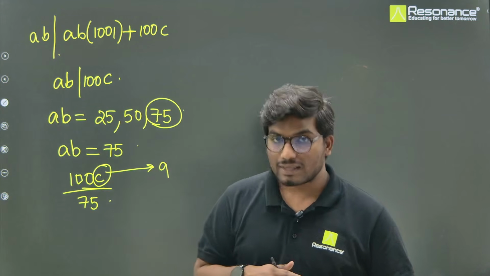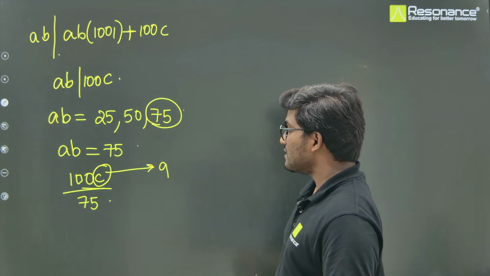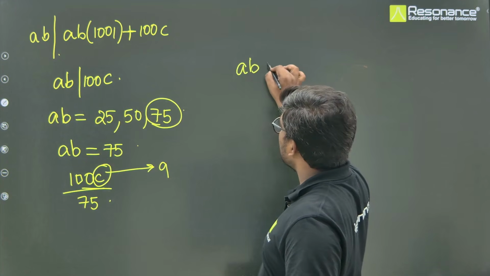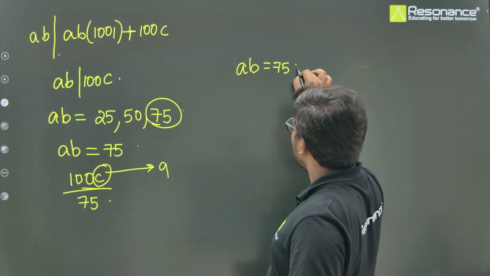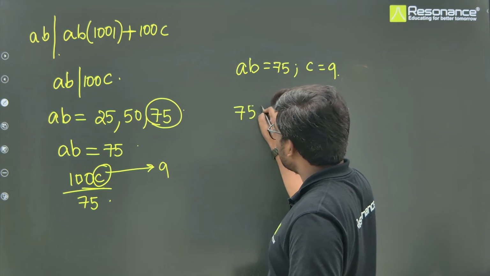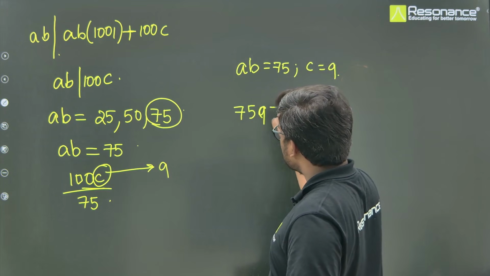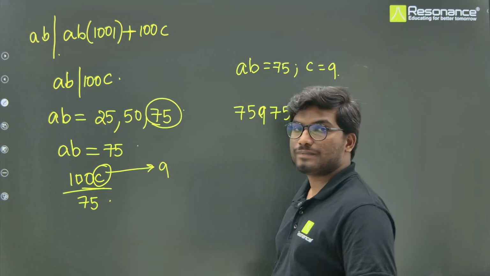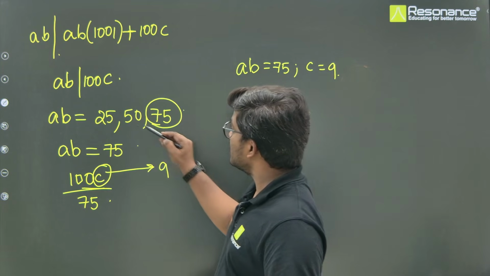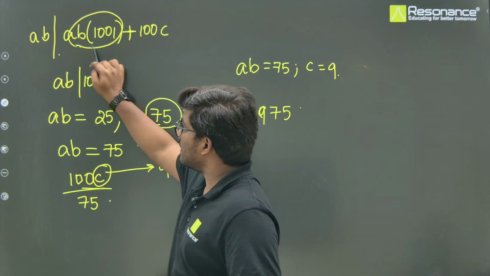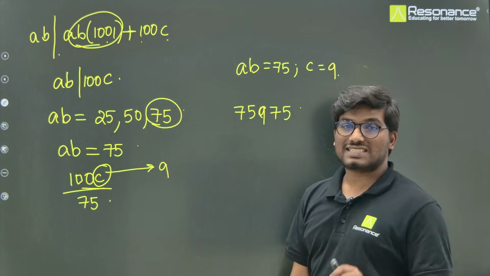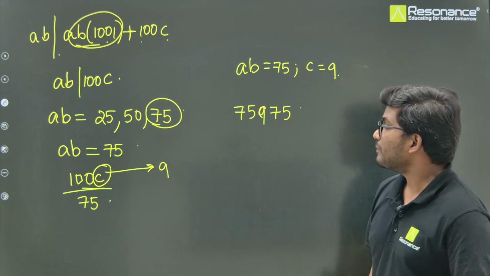So AB could become 75 and C could become 9, where the number becomes 75975. Alright? This number is also not divisible by 13. Why? Because this portion could be divisible by 13, but 100C, which is 100 into 9, 900, is definitely not a 13 multiple.